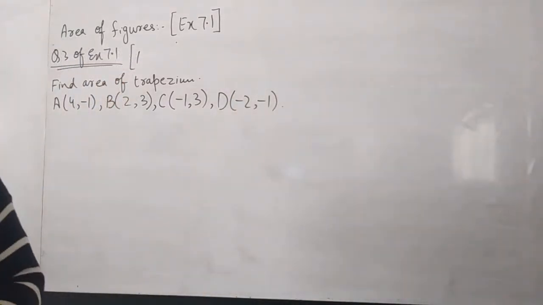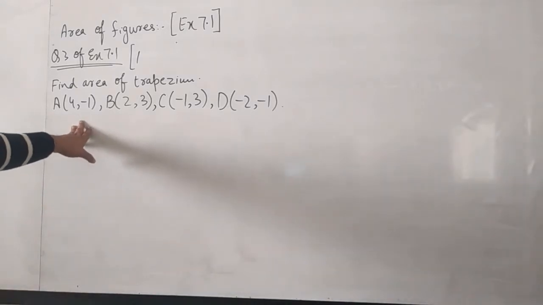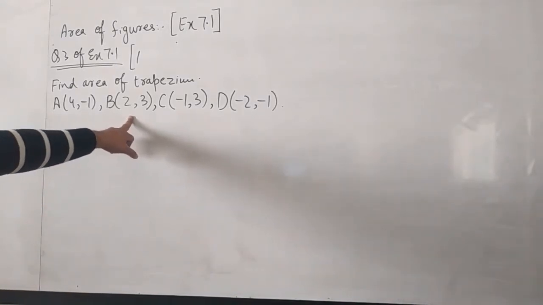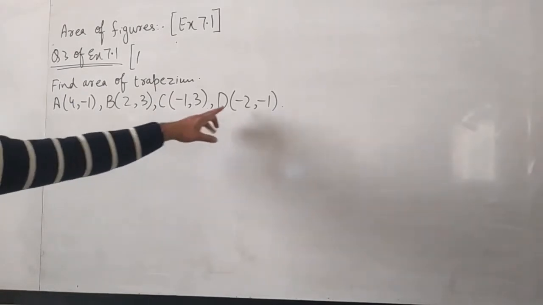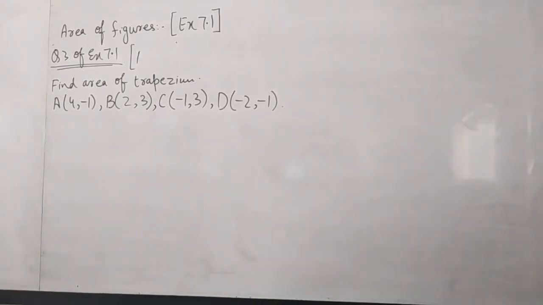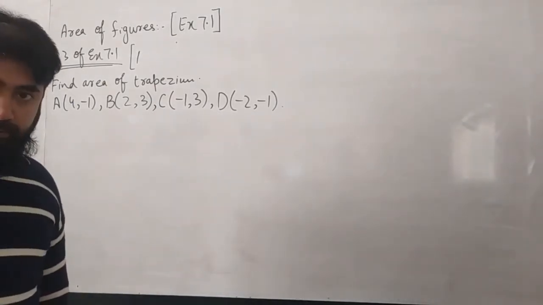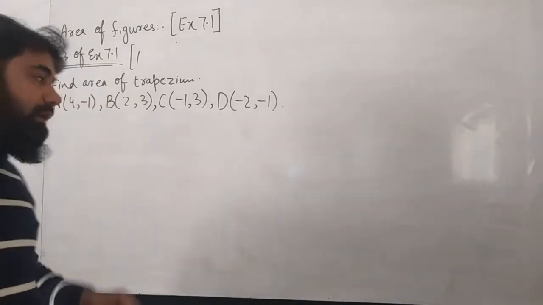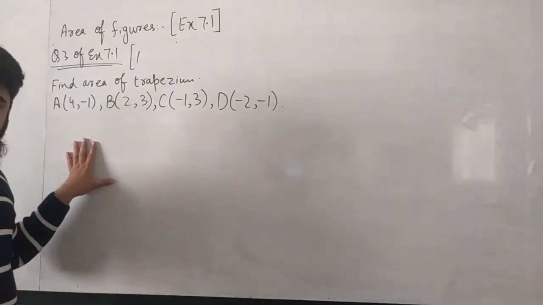Okay, so A is given 4 comma minus 1, B is given 2 comma 3, C is given minus 1 comma 3, and D is given minus 2 comma minus 1. Okay, so I have to find the area of the trapezium.